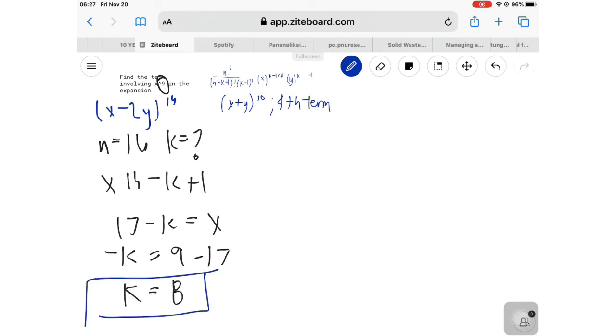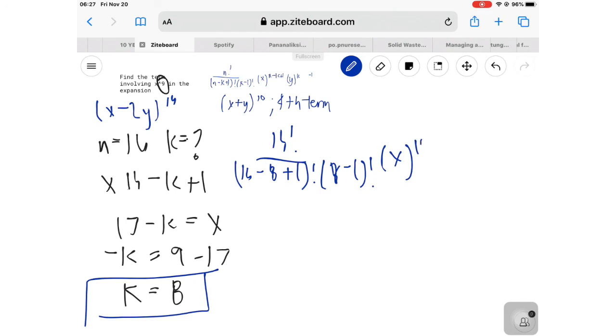So, pwede na tayo mag-proceed ulit dito sa formula na ito. Okay? So, let's substitute. So, ang n natin is 16 factorial over 16 minus 8 plus 1 factorial, 8 minus 1 factorial, x, kasi x ang given lang dito sa x niya.